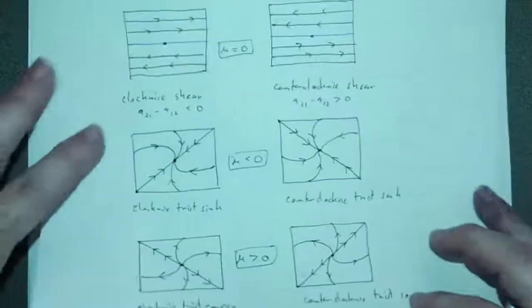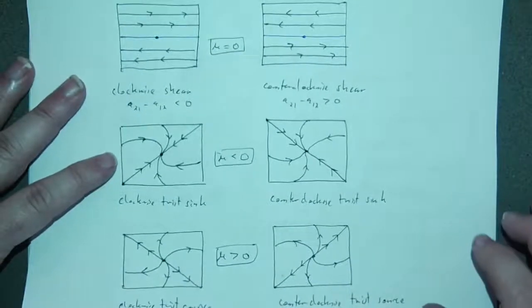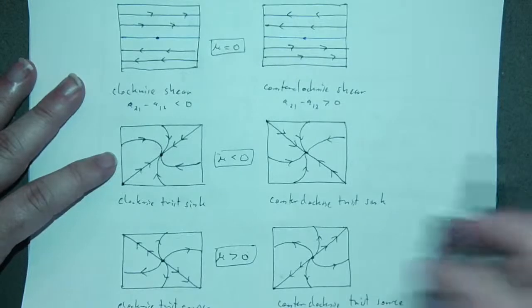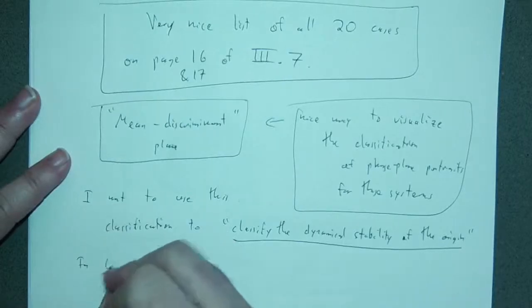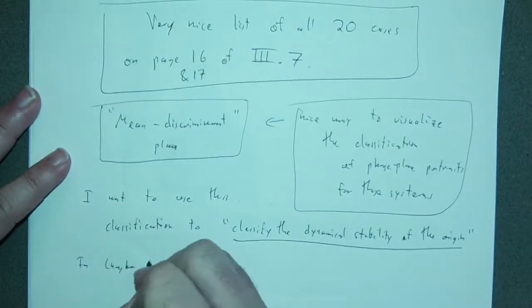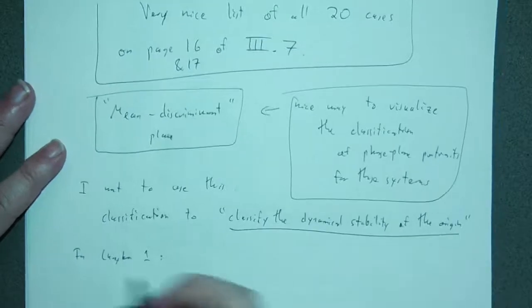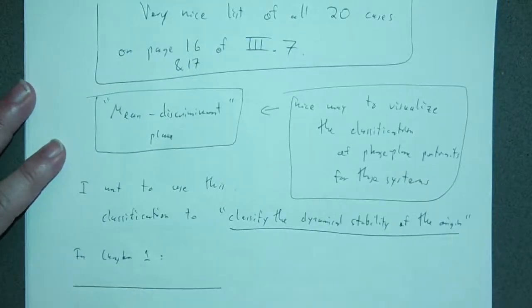So, for instance, the question of stability before, in chapter 1, we had a phase line rather than a phase plane portrait.